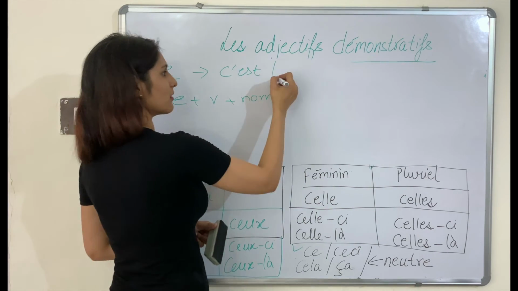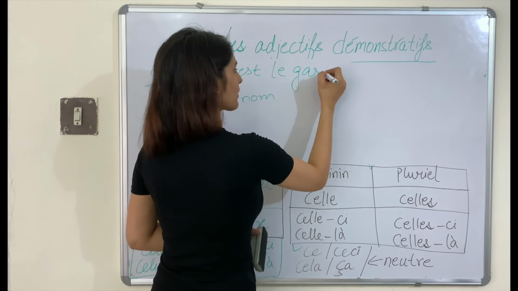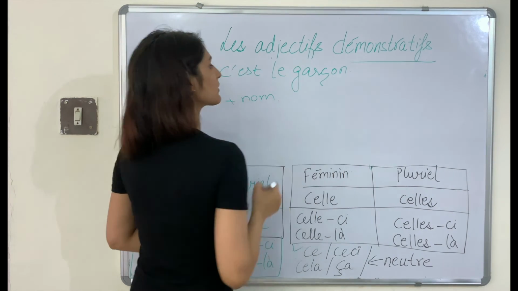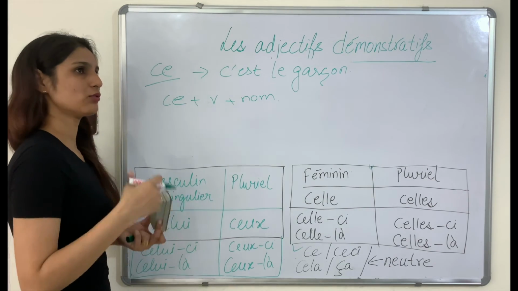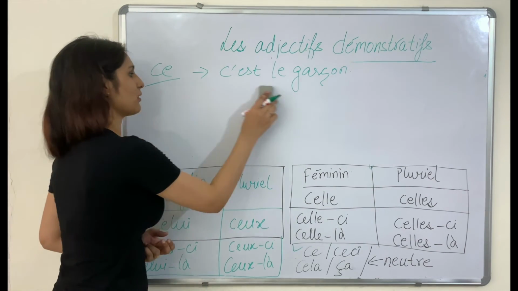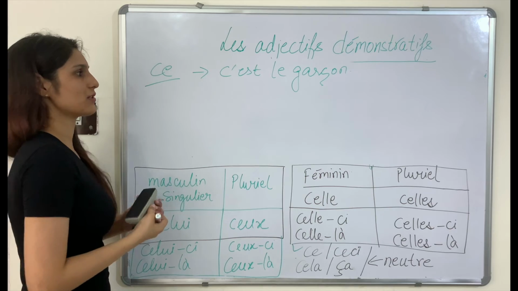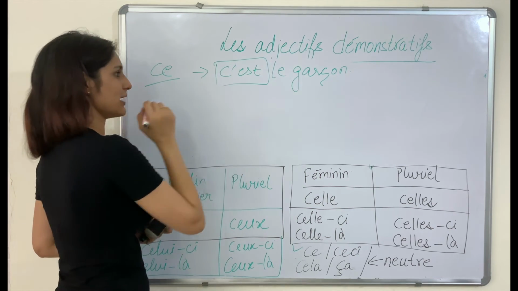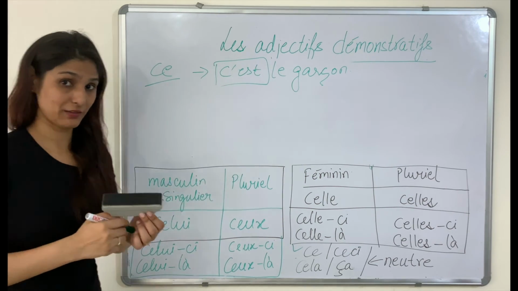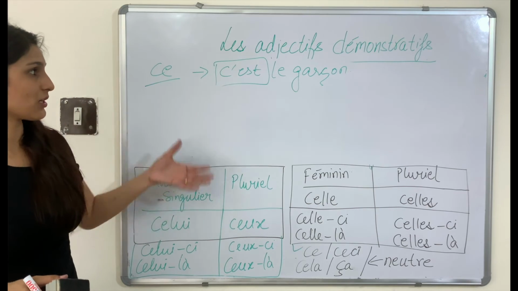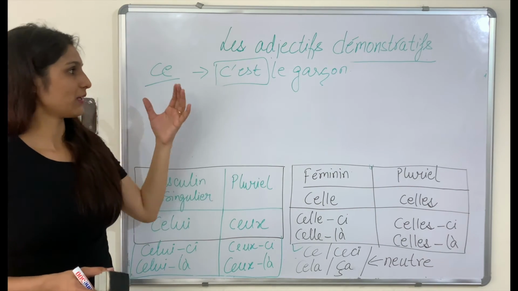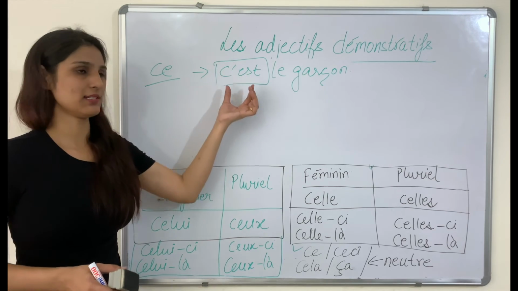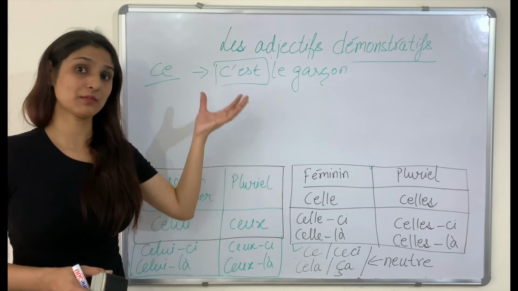C'est le garçon. This is the boy. C'est le stylo. C'est mon stylo. C'est ton stylo. I'll write all this. So this is the ce, which is also going to become c'est, and this is going to be very frequent while you are learning French, and there will be a lot of sentences coming up with this one. So it is the boy, it is the pen, it is my pen.